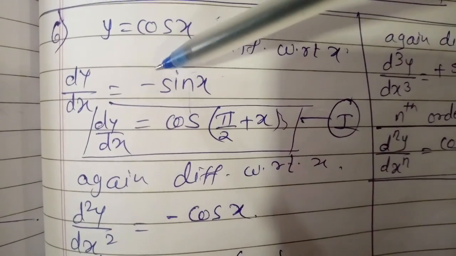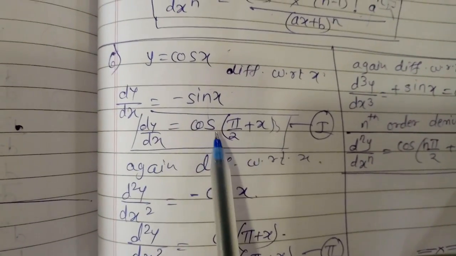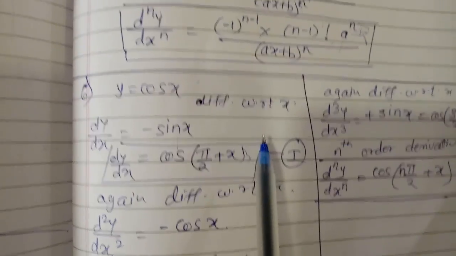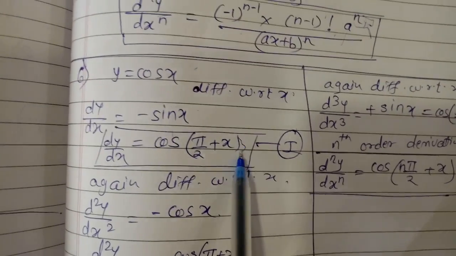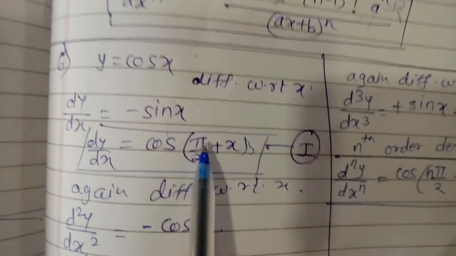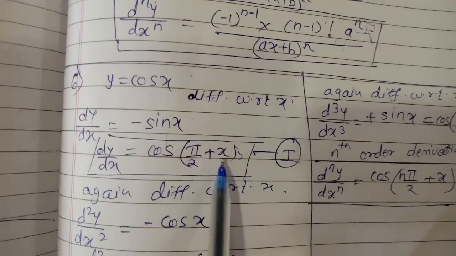We are just going to write this minus sign into the positive form. So using what we studied in trigonometric functions, I have written here dy by dx is equal to cos of (pi by 2 plus x). Revise the trigonometric functions that I explained, and you will see how cos(pi by 2 plus x) came.